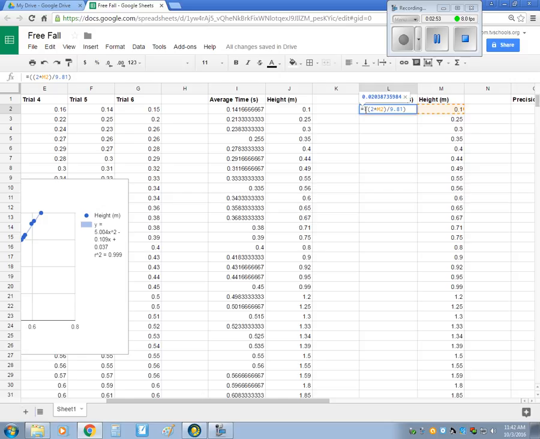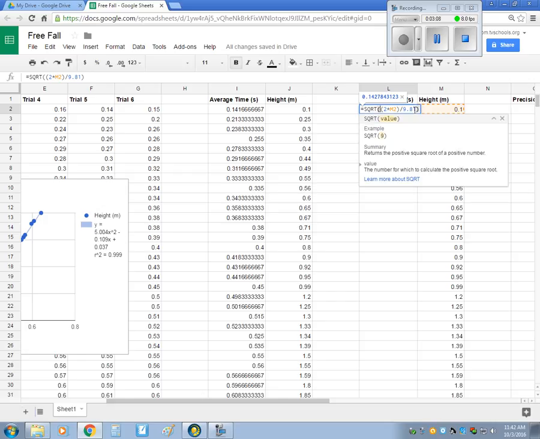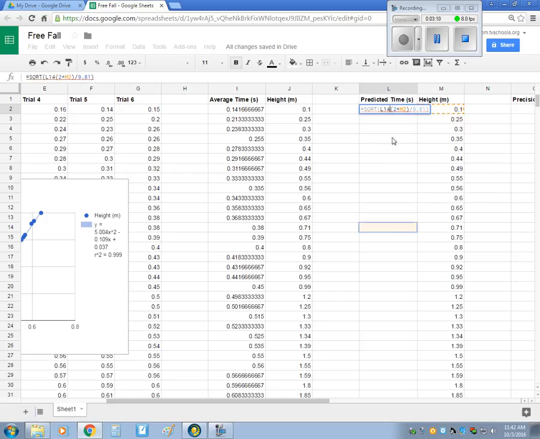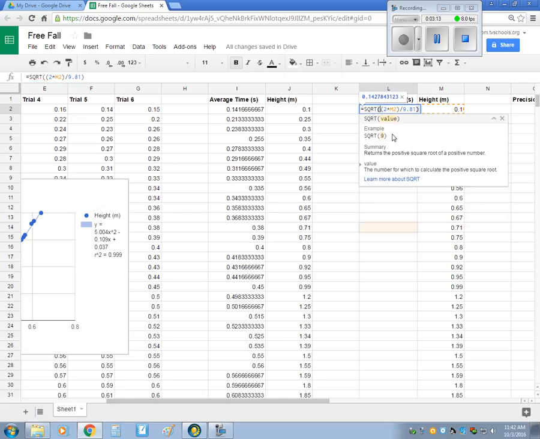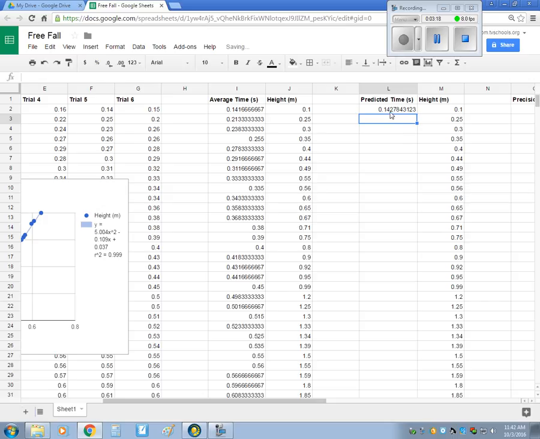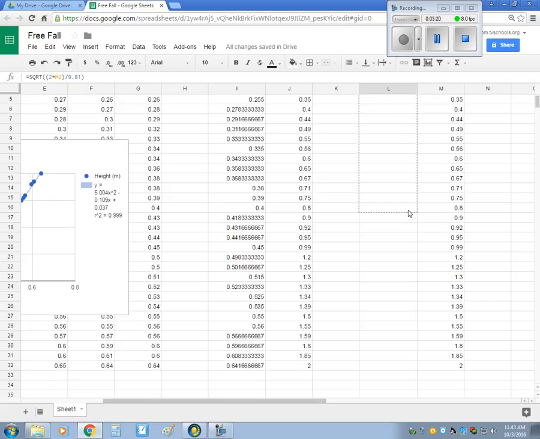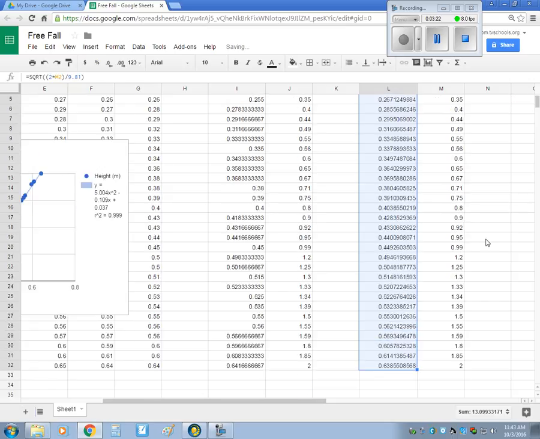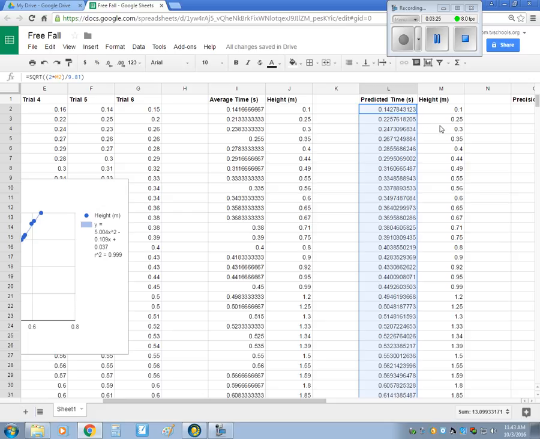Now all of that, I need to take the square root of. So in front of that, I'm going to take the square root, SQRT. That finds the square root of twice the height divided by the acceleration due to gravity. And go all the way to the end. So that's the predicted time, and I can take this and populate the list down, and that gives me times for each one of these heights.